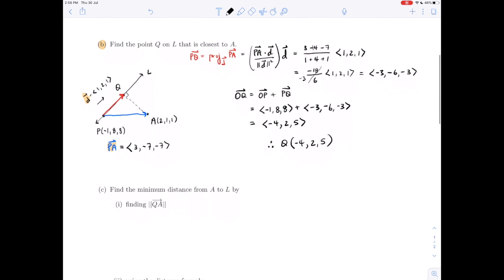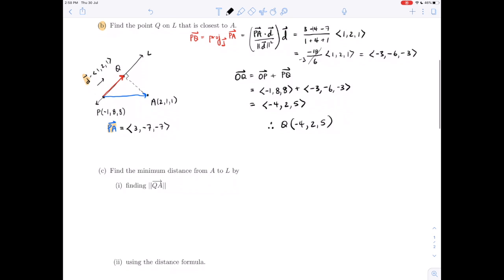Part C has us calculate the distance from A to L in two ways. First, by using the norm of the vector QA, and second, by using the distance formula. So let's start with the norm of vector QA.